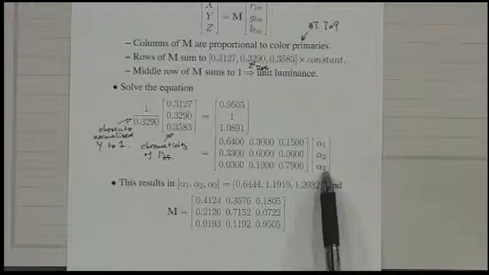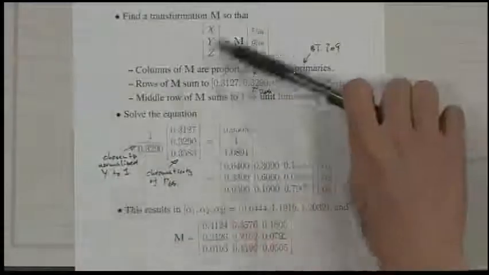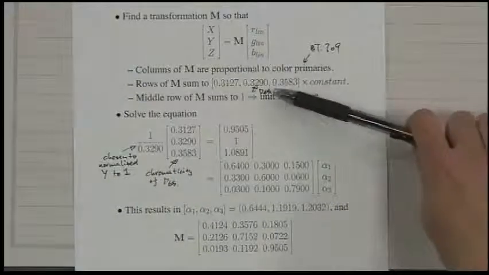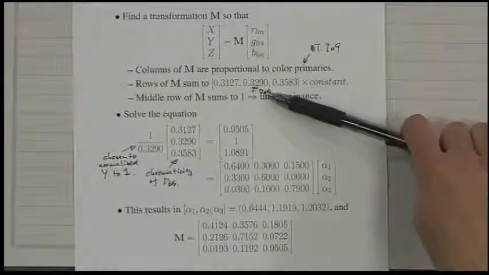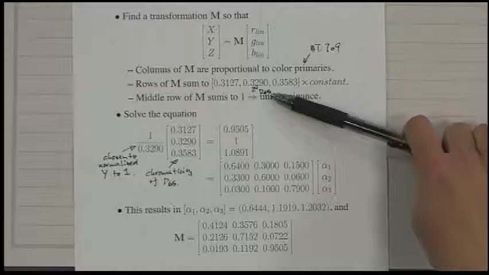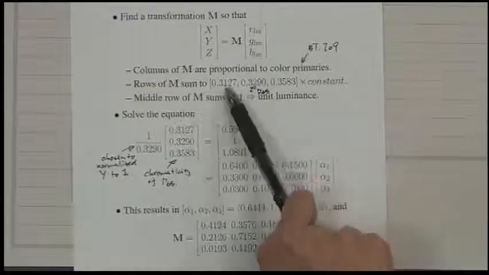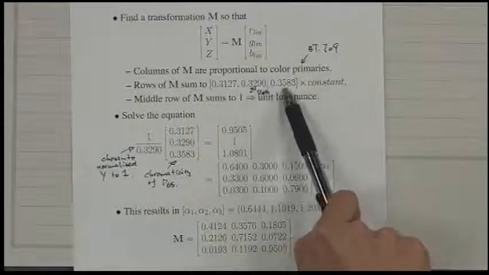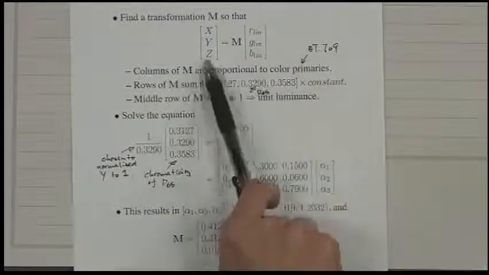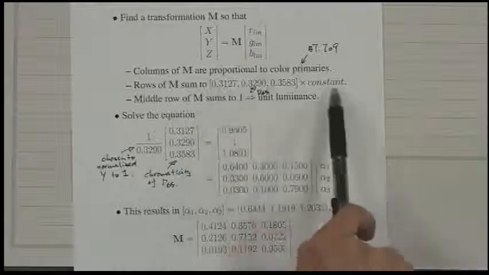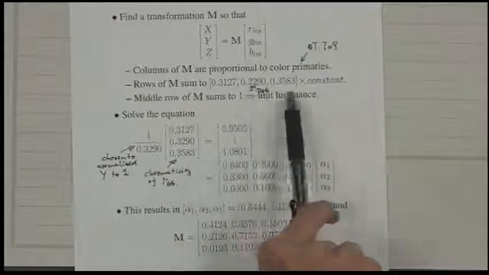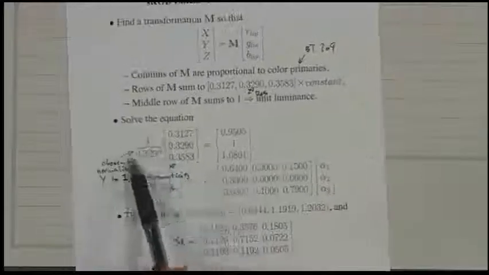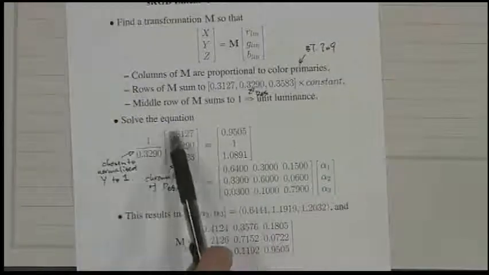On the left-hand side, the XYZ value would be the XYZ value of the white point, which is D65. If we check the chromaticity of D65, we get these three numbers, 0.3127, 0.329, 0.3583. So on the left-hand side would be a constant times these chromaticity values.